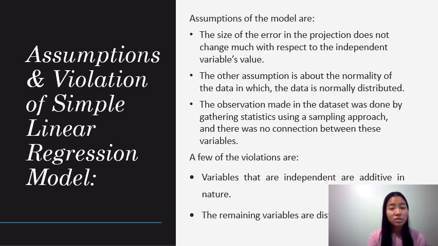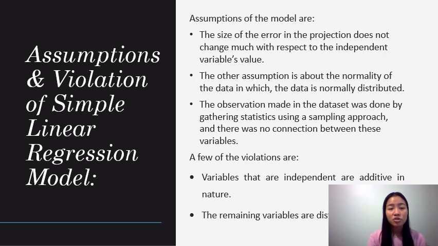The other assumption is about normality, in which the data is normally distributed, and the observations in the dataset were made by gathering statistics using a sampling approach, and there was no relationship within these variables. The other assumption is that the connection between the dependent and independent variables is always straight, and the line of best fit through the data is a straight line and not a curved line.